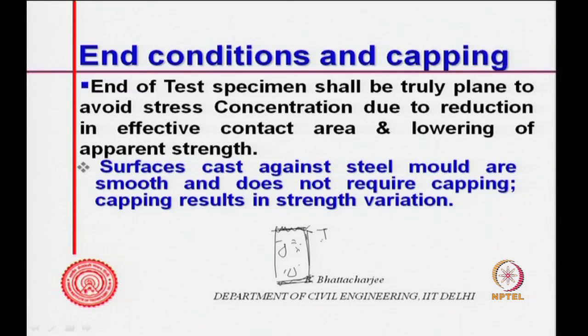This core sometimes may have rough surfaces, or the length may not be sufficient. You have to have a specified length depending upon the diameter d. So, there is a minimum L by d which is 1, but supposing I have got slightly less, then I might do some sort of capping here.